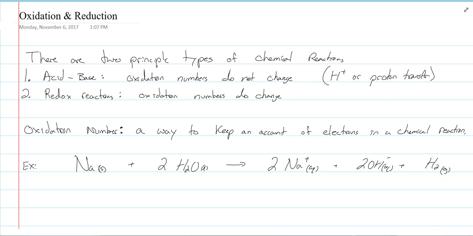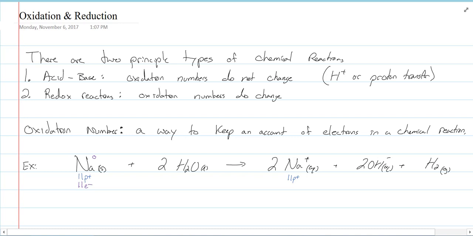Well, let's look at sodium first. If we look at the periodic table, we can look at the atomic number, which is the number of protons. So the atomic number of sodium is 11. So 11 protons. However, sodium metal doesn't have a number for electrons. How many electrons does it have? Well, if it's neutral, like this one, it will have 11 electrons.